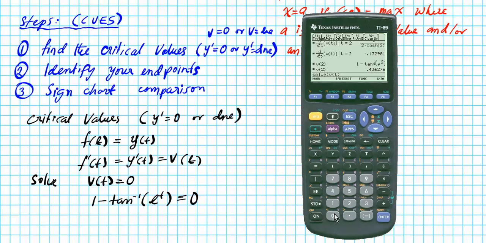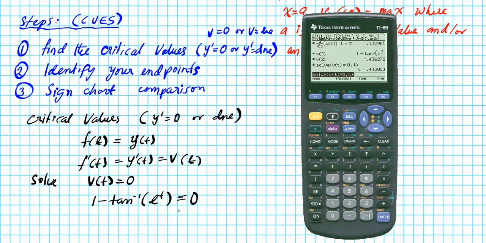So solve v of t equal to 0, comma, you're solving for t. Close that, enter, t is equal to 0.4430.